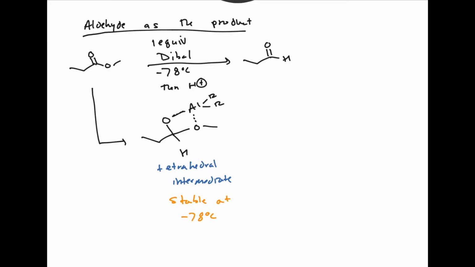So when you add it, you make this oxygen-aluminum bond, right? O minus, aluminum is plus. And then you get this weak interaction between the aluminum and the oxygen of the ester. That holds it together in this little four-membered ring that will not fall apart as long as you keep it cold.